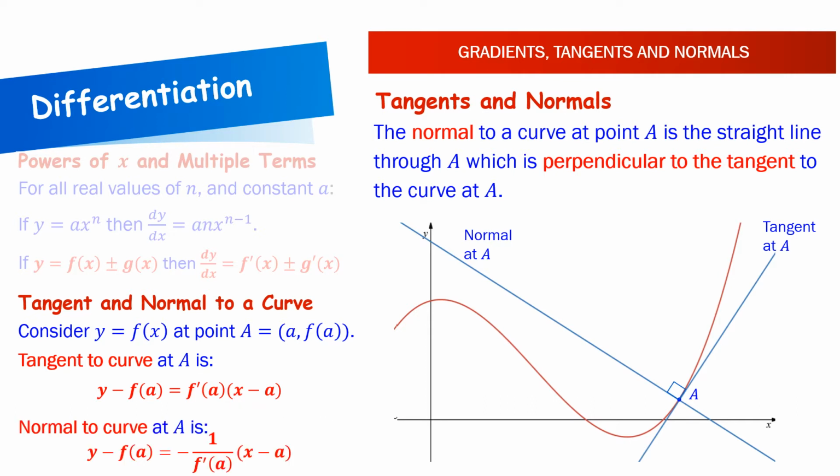The normal to the curve at A is y minus f(a) equals minus 1 over f'(a) times (x minus a), where minus 1 over f'(a) is the gradient of the normal.